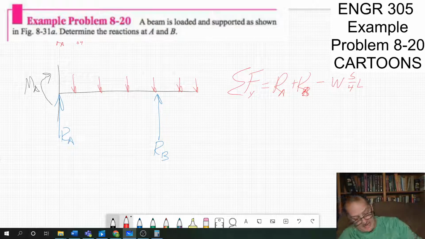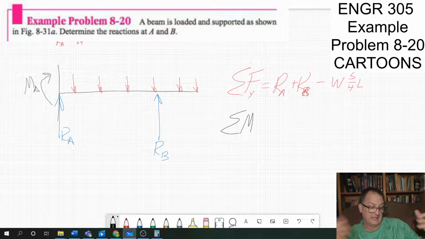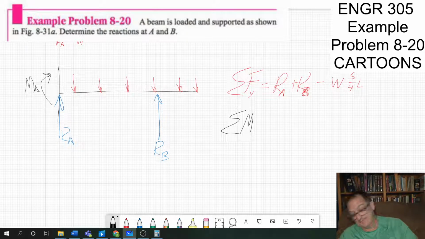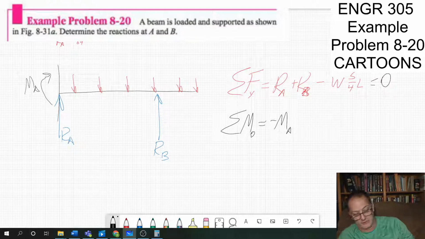And then I've got a second equation, sum of the moments, and you can pick any spot. I like going around the origin, using the same beam. Oh, sorry, that's equal to 0. The moment at A is going to be minus, since it's going the wrong way. The reaction at A goes away.